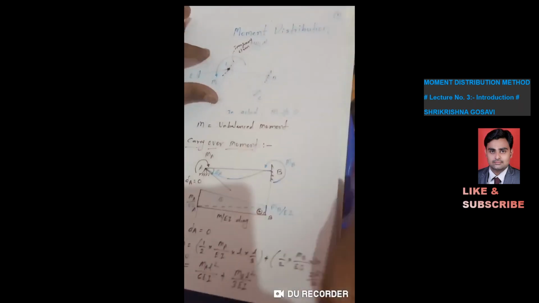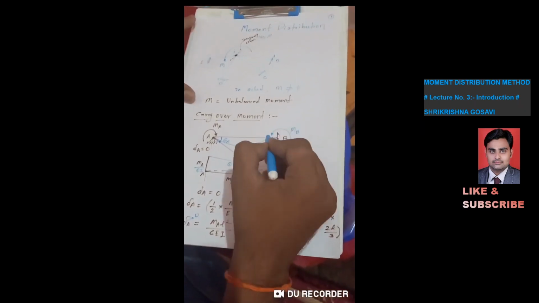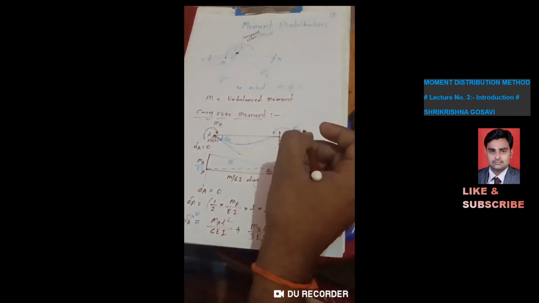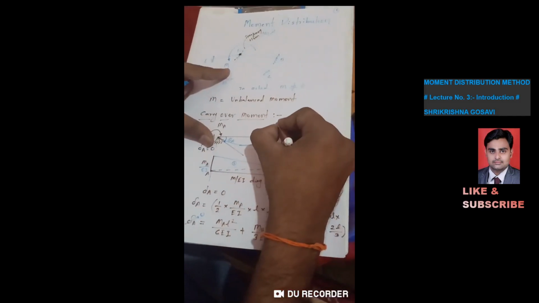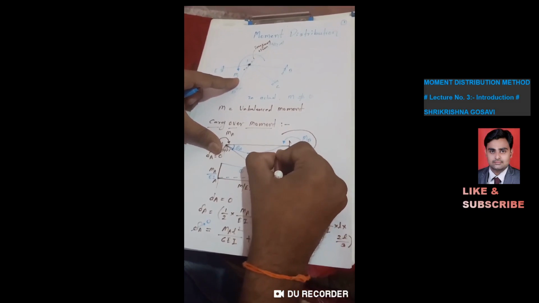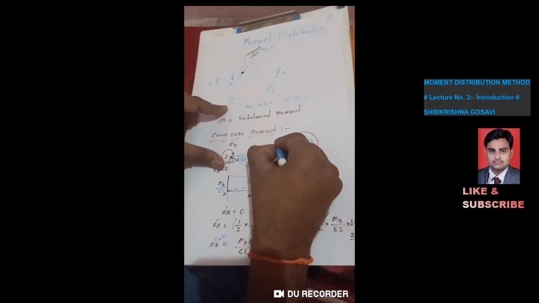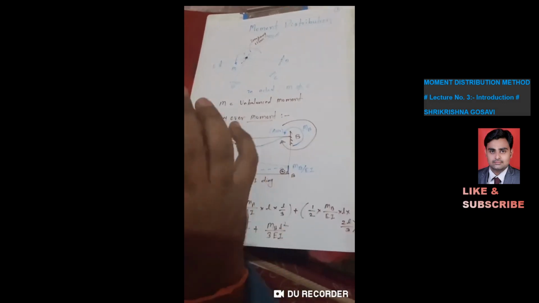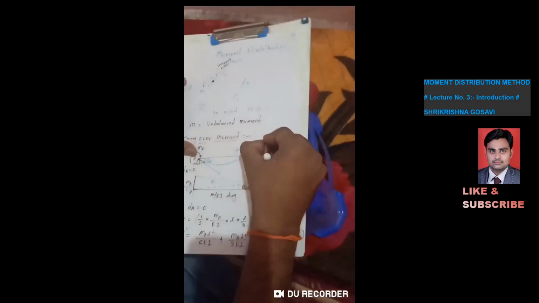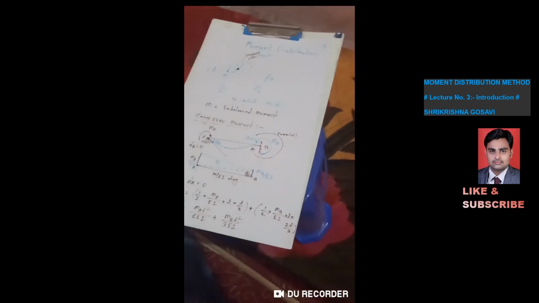Initially we assumed that MB is in this direction, sagging the beam, but now in actual, after solving this, we can say that the direction of MB is like this. So initially this is our assumed direction, and now this is our corrected direction as we got the minus sign. This is the only meaning of the sign.